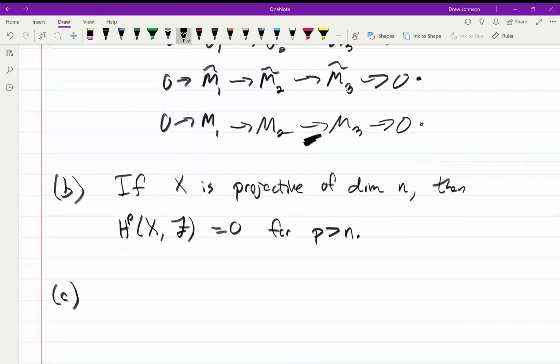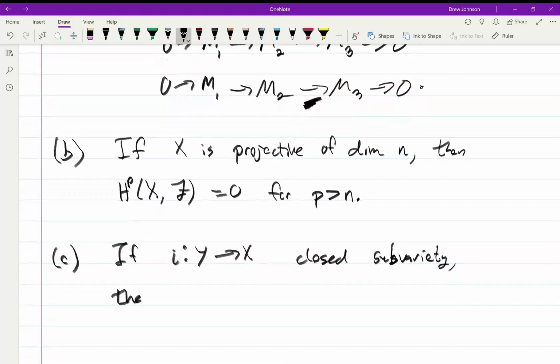All right, then part C, if we have an inclusion from Y to X of a closed subvariety, then we'll have an isomorphism.